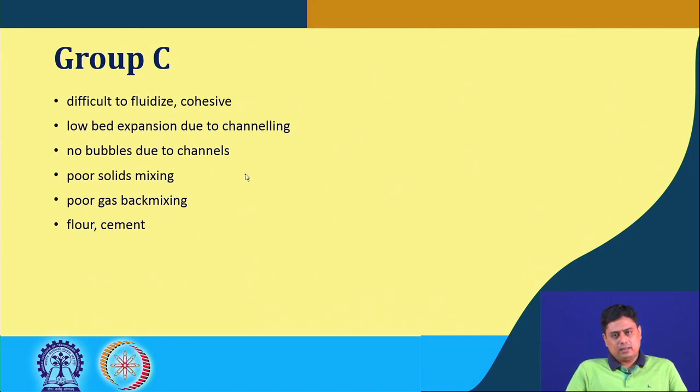Group C particles, as we have already known, are difficult and are categorized because these are incapable of fluidization. These are cohesive in nature. If you try to increase the superficial velocity, there will be no bubble formation.